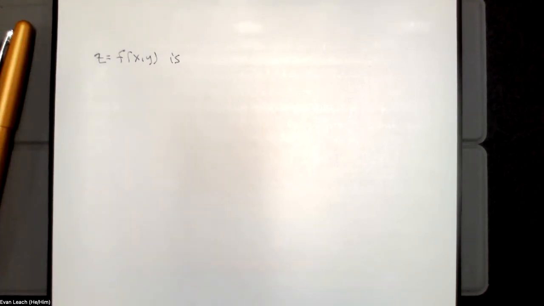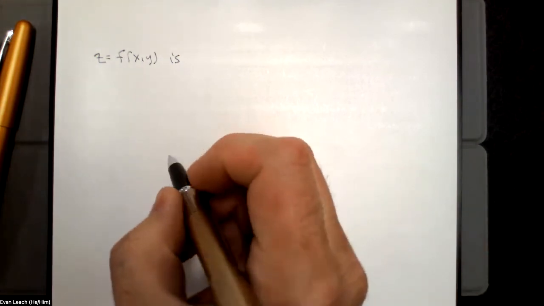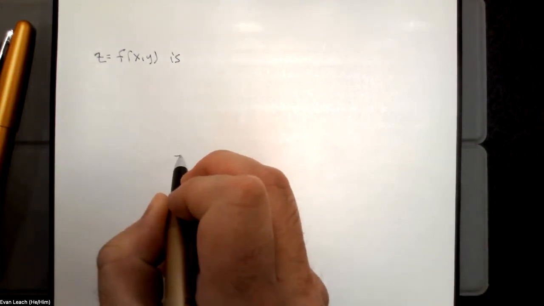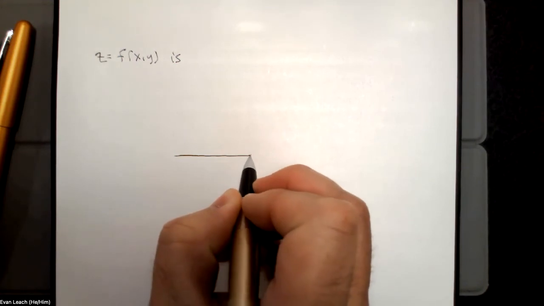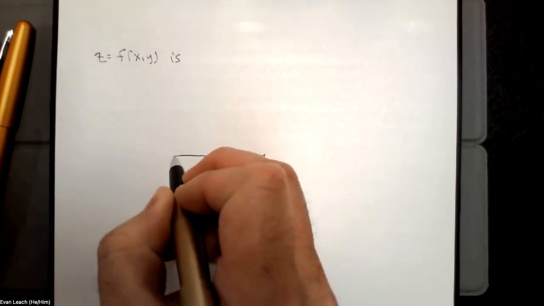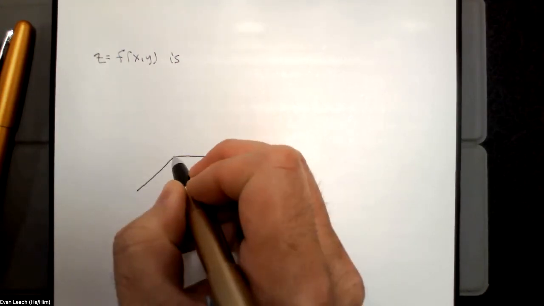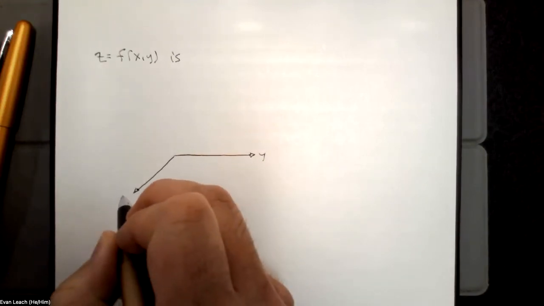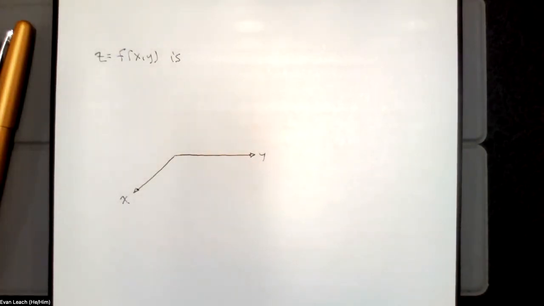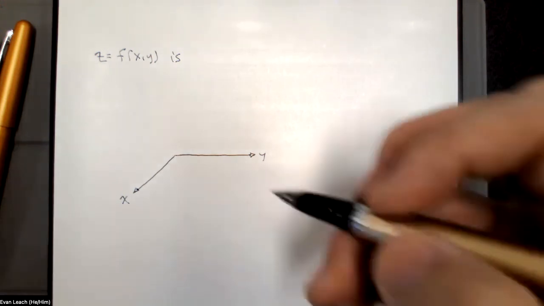So what are we going to be looking at when we have a function of two variables? Any ideas? Let's see. So our inputs, imagine that this is the floor, and our outputs are going to be heights above this floor.